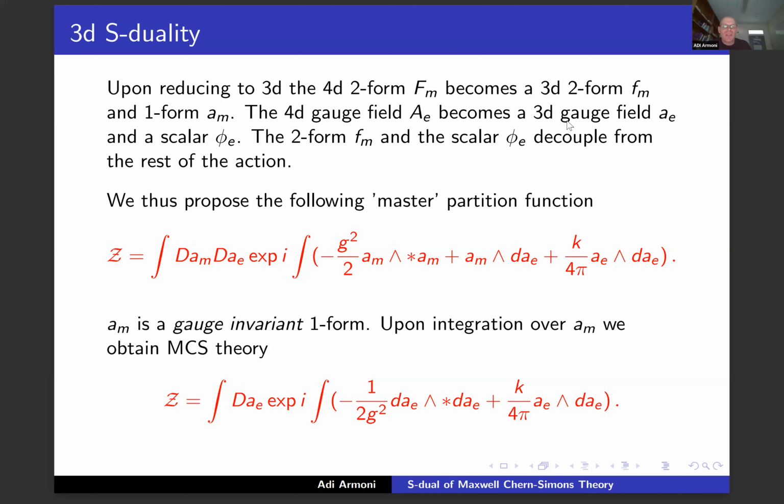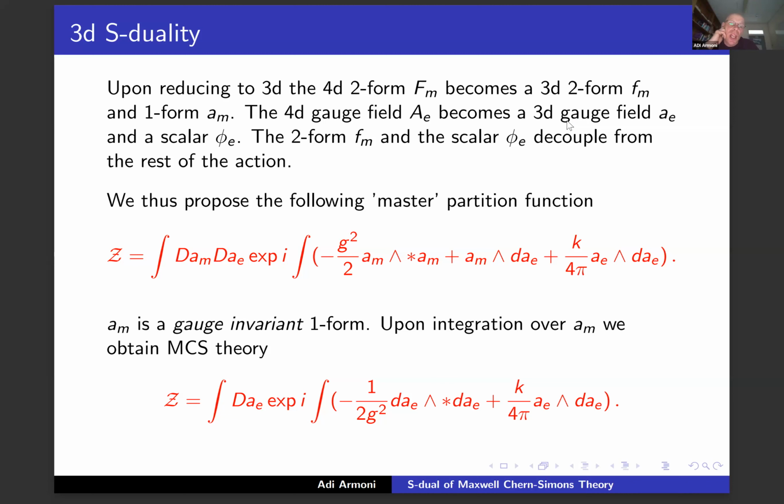And what's written in the middle of this page is the starting point of the duality. So that's my proposal. That's a master partition function. So let's see what we have in this partition function. We have AM and AE. Both are one forms.